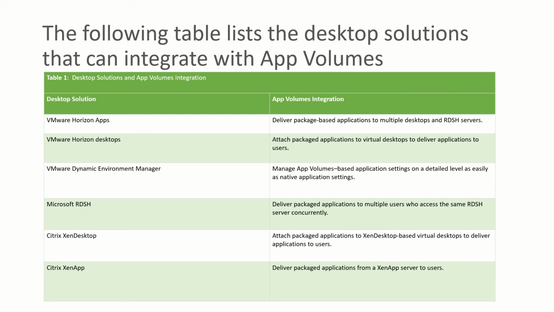Below, I have mentioned a couple of desktop solutions and app integrations. VMware Horizon Apps integration delivers package-based applications to multiple desktops and RDS servers. Whatever I discussed is mentioned here too.